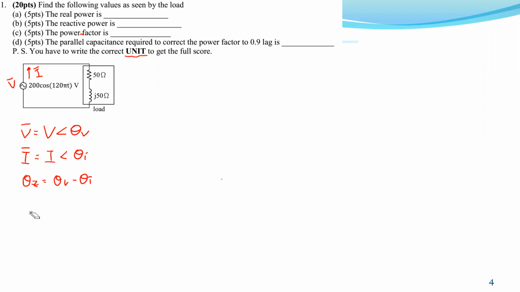Yeah, apparent power is S. You need to think of the power triangle. This is S, this is P, this is Q. So P is the real power, Q is reactive power, and S is apparent, A-P-P-A-R-E-N-T. This is apparent power.